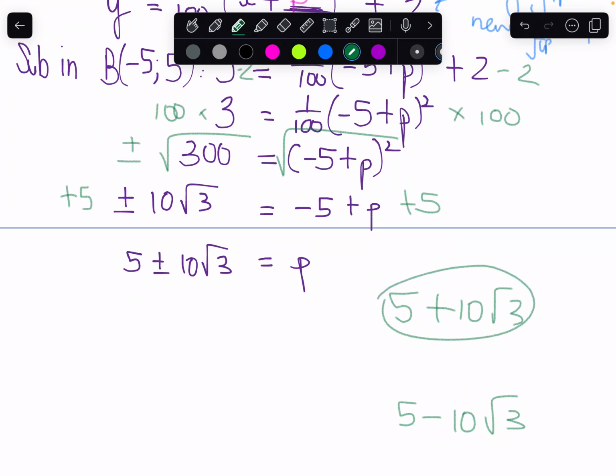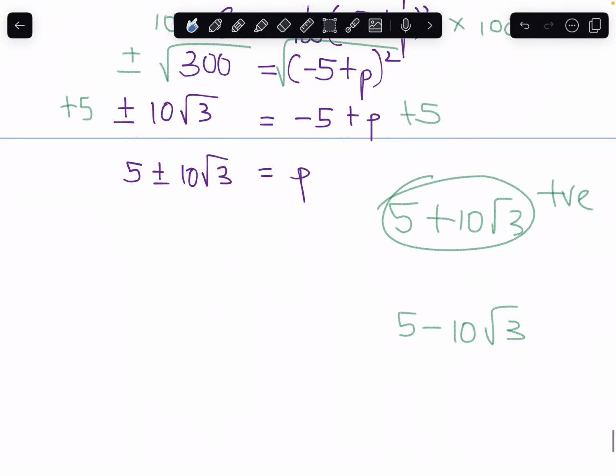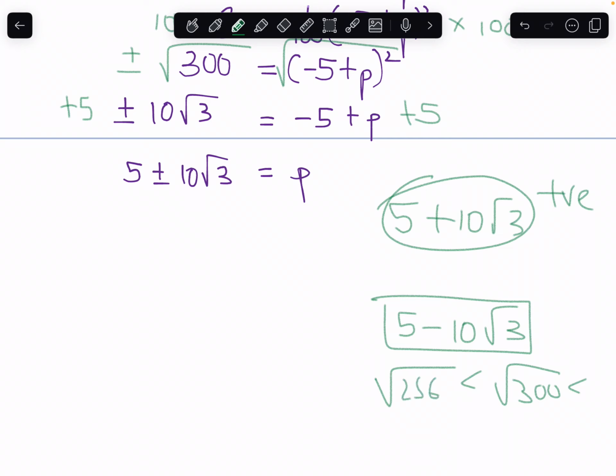So this is definitely some positive number. And this one, so the square root of 300 is between, what's the biggest square I can think of close to 300? So 256 is 16 squared. 17 times 17 is 289, and then 18 times 18 is 324, so that's bigger.